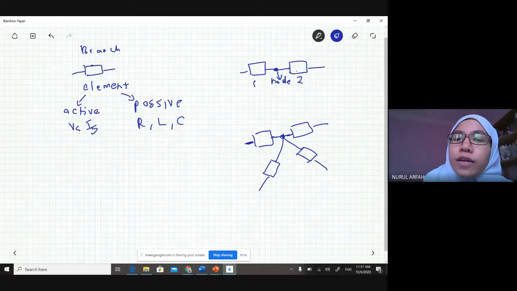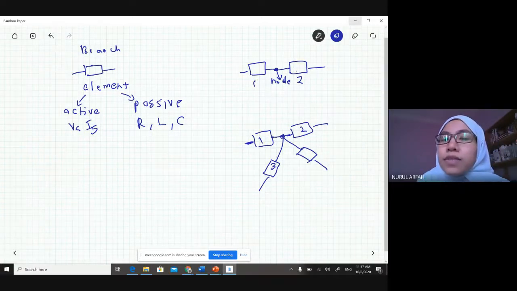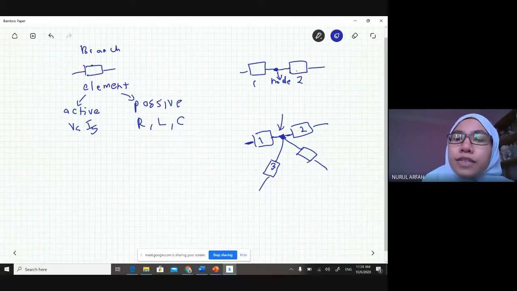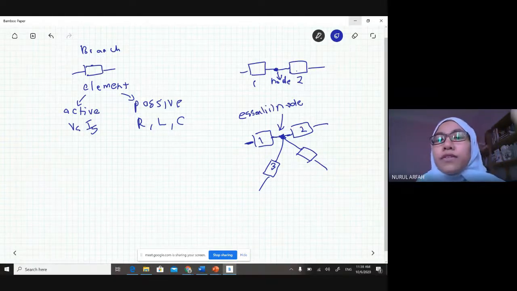An essential node is when you have at least three branches connected at a single point like this, or more than three branches connected at a single point. Then we still say this one is a node, but we put something else in front: essential node. Okay, so far so good.